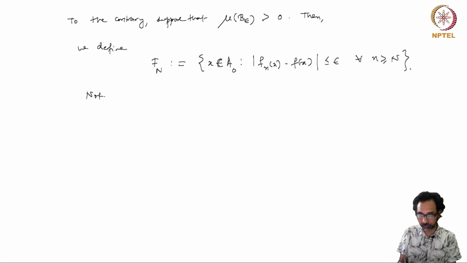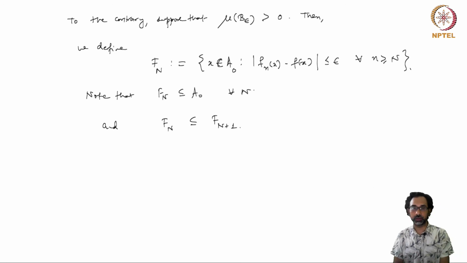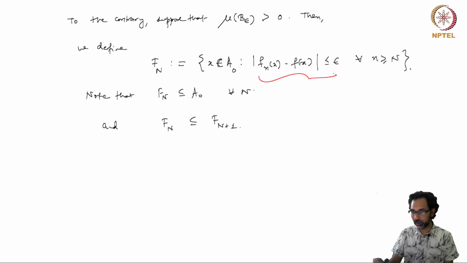So note that F_N is a subset of A0 by construction for all N, and F_N is a subset of F_(N+1), because if this condition holds true for all n greater than or equal to capital N, then it also holds true for all n greater than or equal to capital N plus 1.